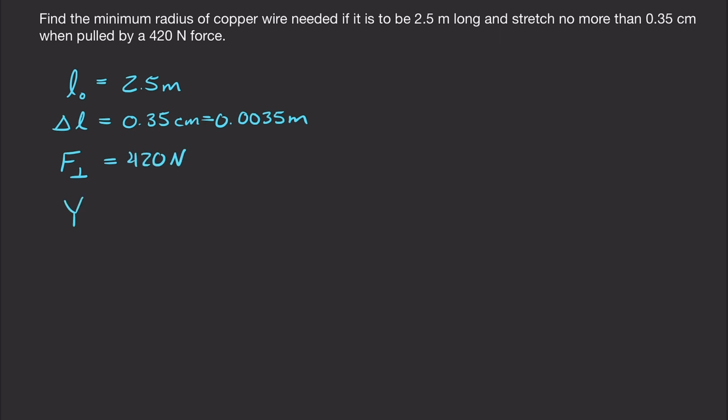And we could look up Young's modulus for copper, since it's a property of material, and it would be 1.1 times 10 to the 11th pascal. That's not something you should know, but something you should look up or would be given to you.